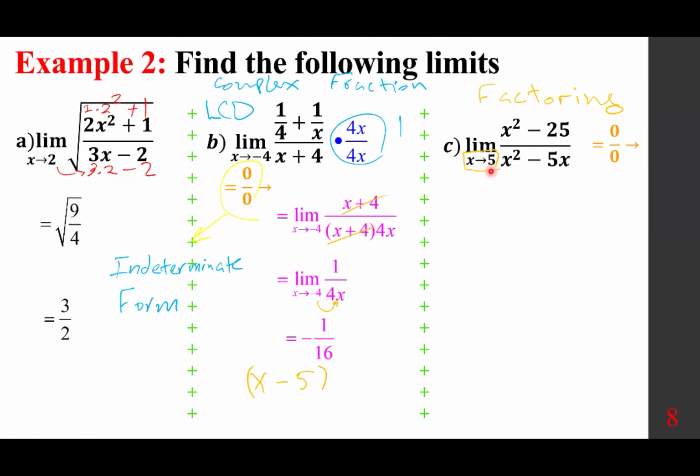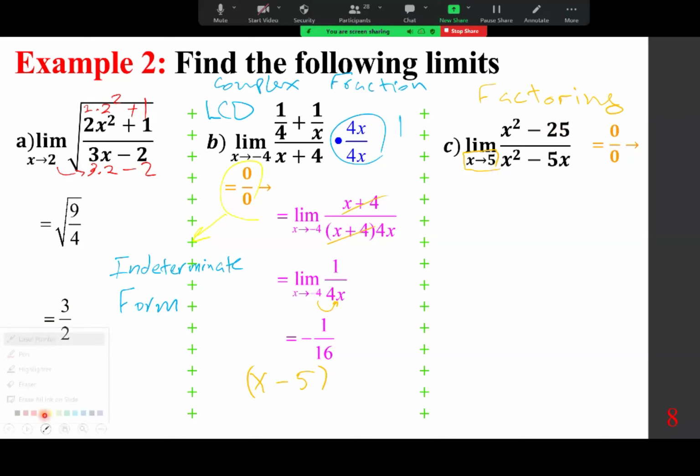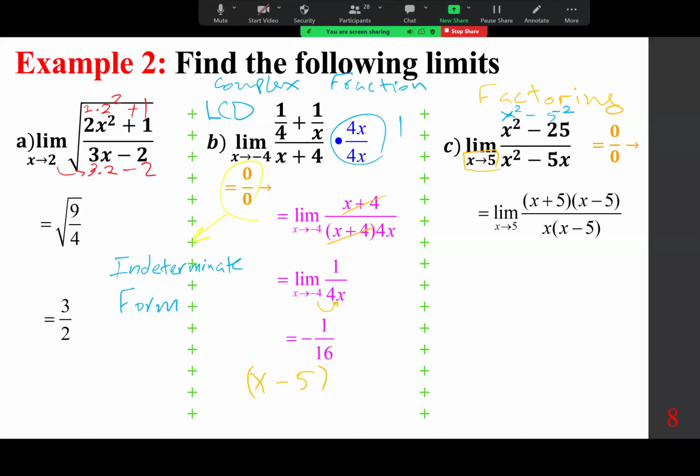You factor the top, a squared minus b squared. Again, the top is x squared minus 5 squared. So x plus 5 times x minus 5. The bottom, you take the x out. These two cancel each other.